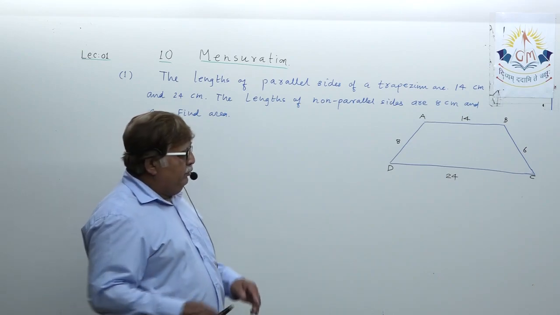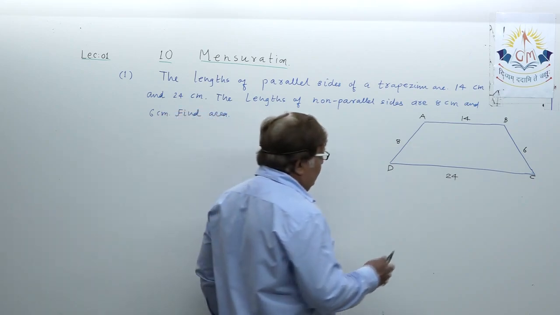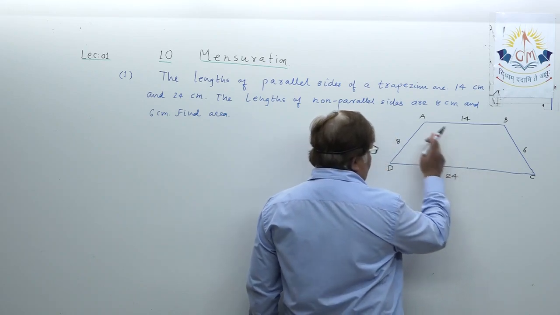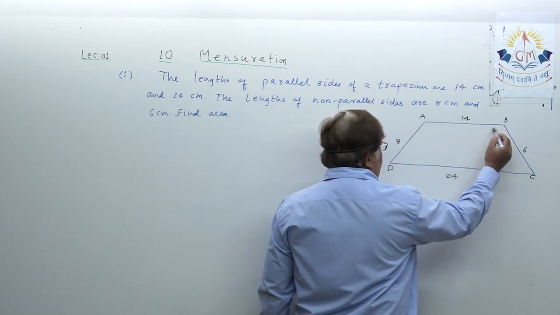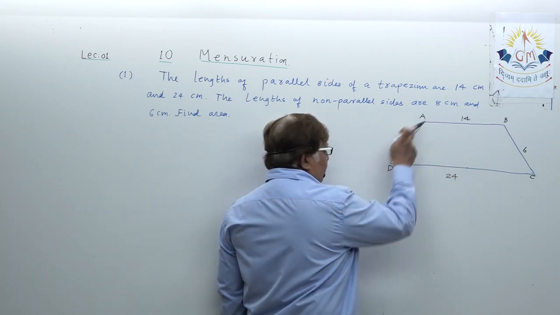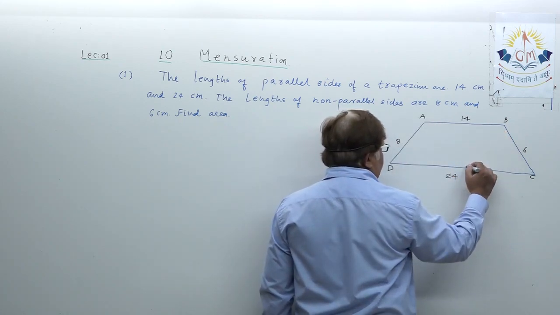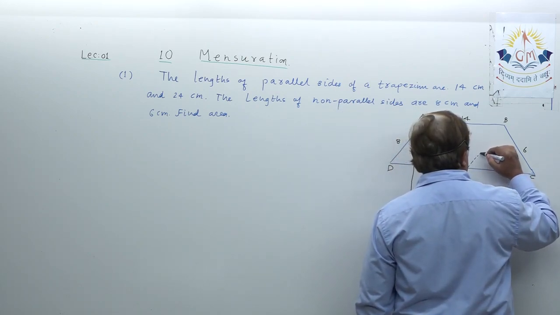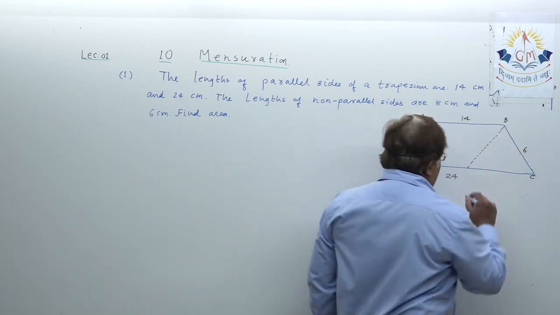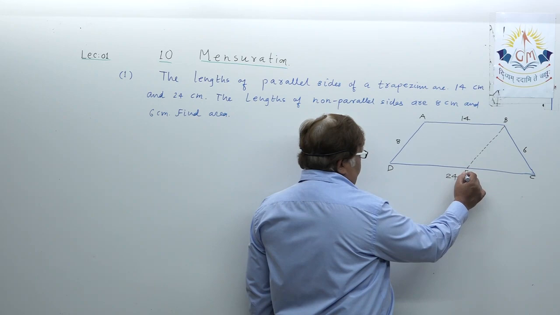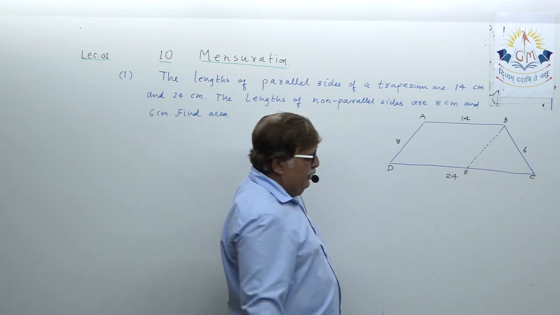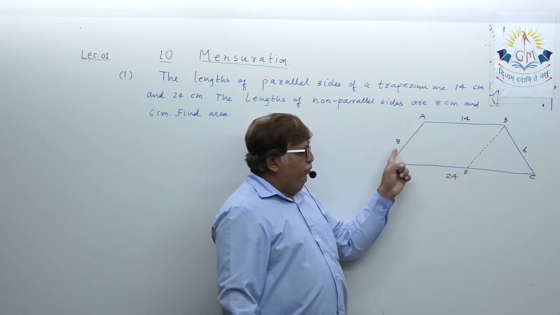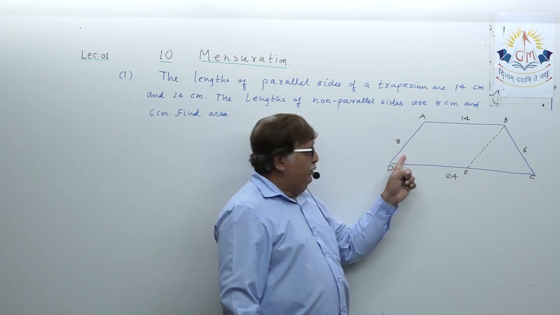What we are going to do is that, please concentrate here. I am going to construct one side parallel to AD. I am constructing one parallel side and let me say it E. That means, dear student, BE parallel to AD.